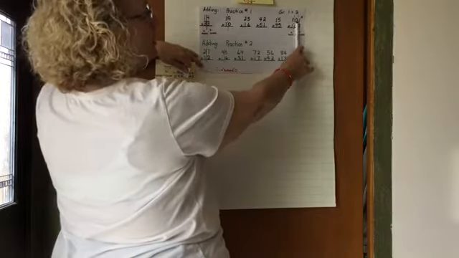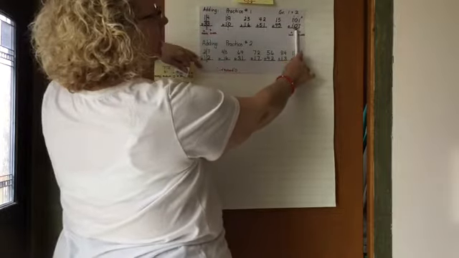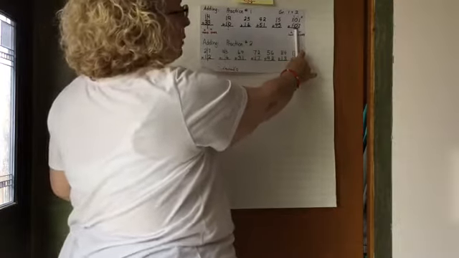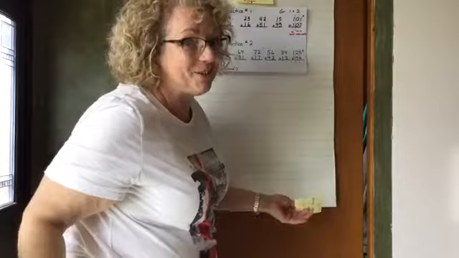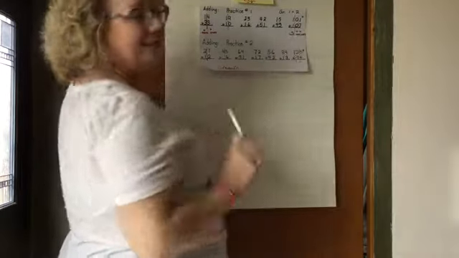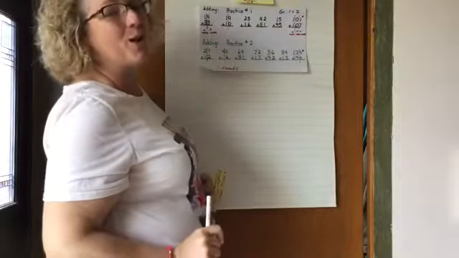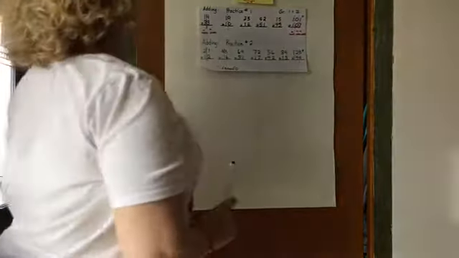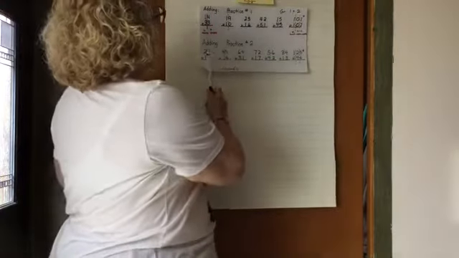Sometimes there's a 0, and that's okay. You still add that. 0 plus 0 is 0, so put your 0 there. And I added a little taste of a hundreds column for you. That's your tricky alert for grade 1 and 2 on adding without regrouping.